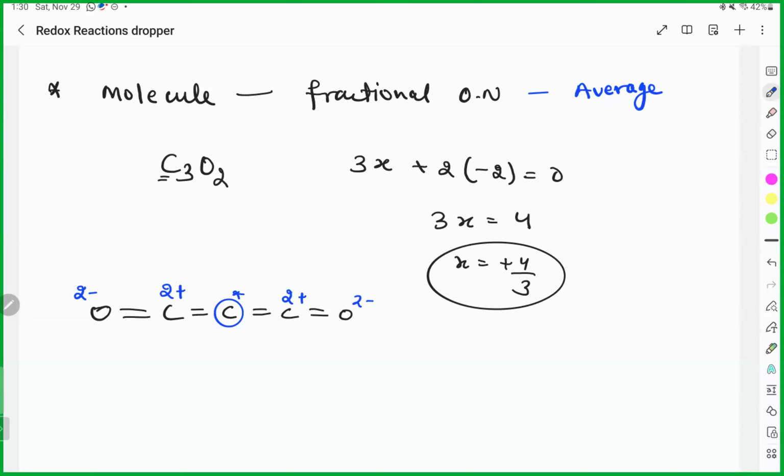It's like if you distribute 10 bottles to 7 people. What is the average number of bottles every person is getting? 10 bottles to 7 people is approximately 1.43.